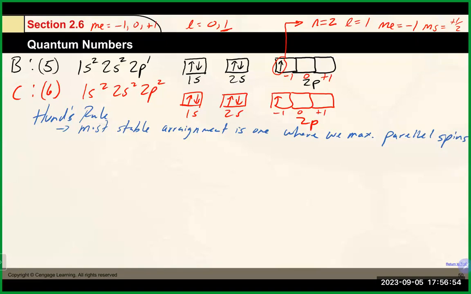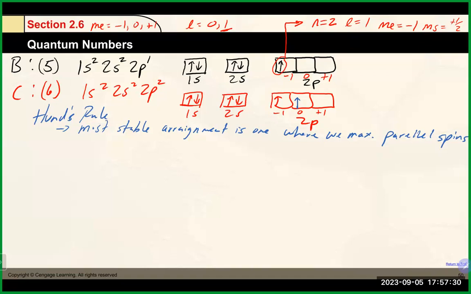The way that we can maximize parallel spins is to put the next electron in the next box going in the same direction, which means it's going to be parallel to each other. That is the rule that you follow when you are filling electrons in a subshell that has multiple orbitals. They go in one at a time in the upwards direction until you run out of room, and then you come back and start pairing everybody up. So we don't pair up right up front. A single electron goes in each of the individual orbitals in a subshell, heading in the plus half upwards direction.